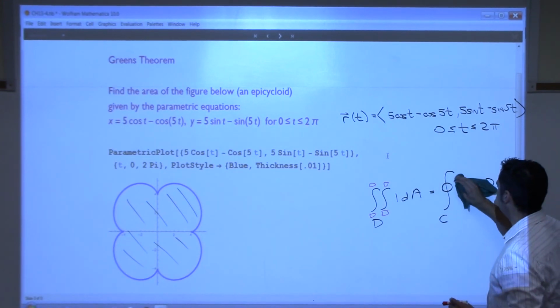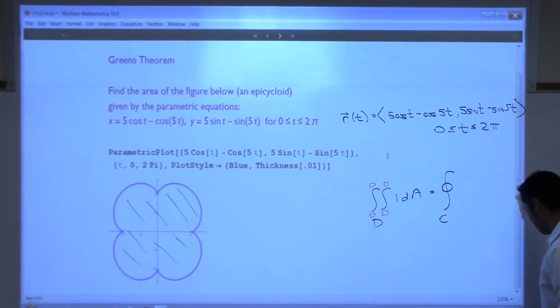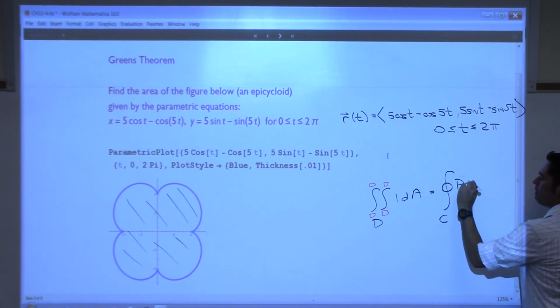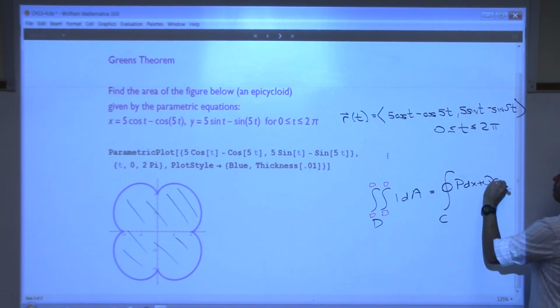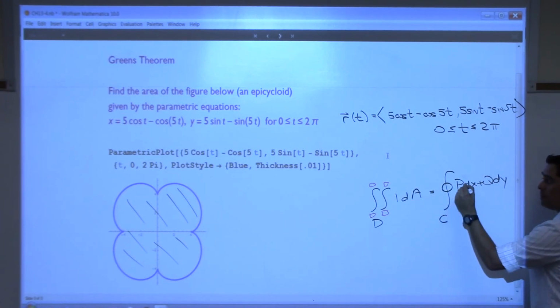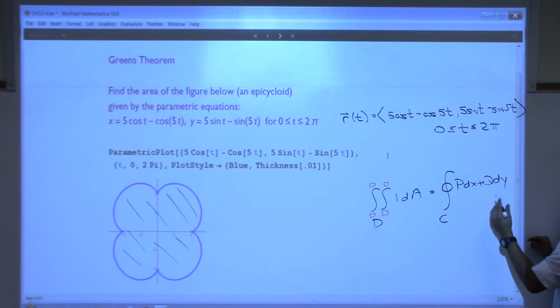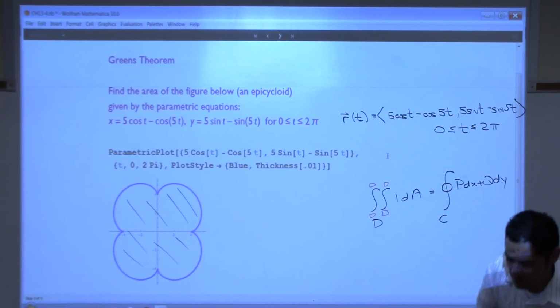No, x dy. Let me put that back up there, hold on. It's this, but for this to be true, P had to be 0, Q had to be x. So this turns into x dy.